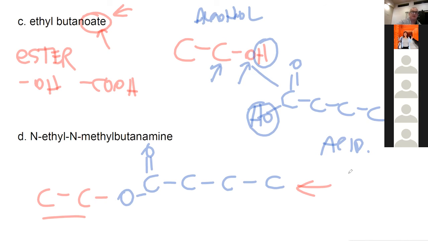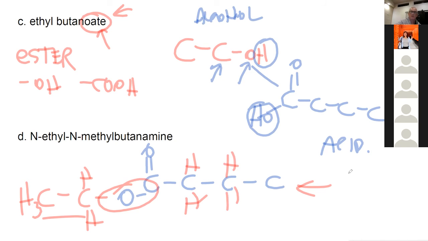And this is my ester bond right there. So then we just fill in the hydrogens. Right, so ethyl, there's the ethyl part. And there's the 1, 2, 3, 4 carbon butanoate part.